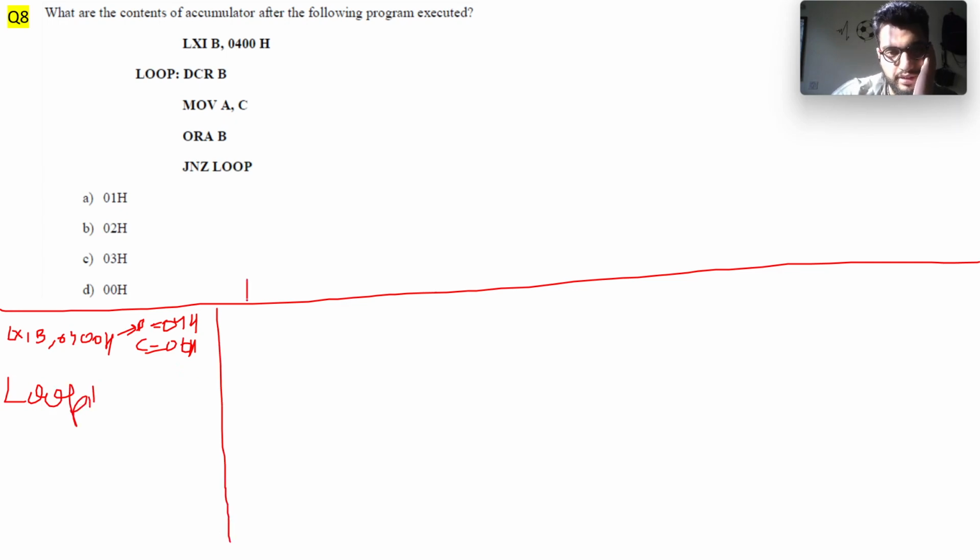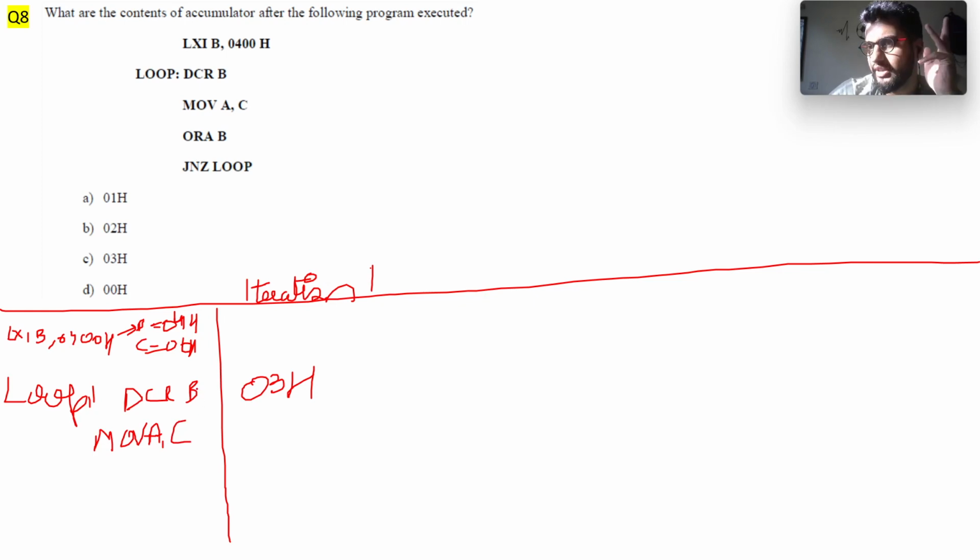This is my first iteration. Decrement B reduces the value of register B by 1, so B was 04 hex, now it's 03 hex. Then move the contents of C to A. C is 00, so A will be 00.